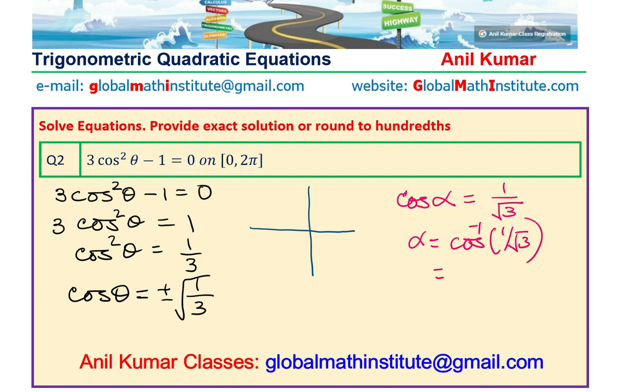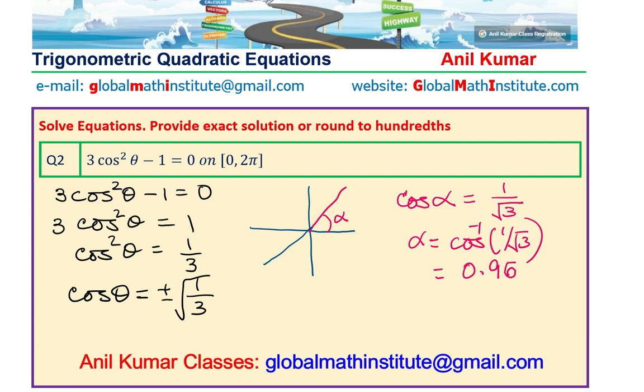So we found alpha as cos inverse of 1 over square root 3, and we got this related acute angle alpha as 0.955. Because it is 0.955, I'll round it to 0.96 since we have to write answers to the hundredths, right? Since we have plus and minus, there are four solutions.